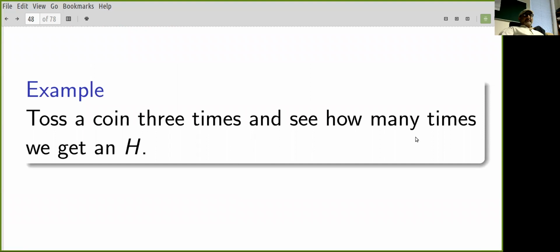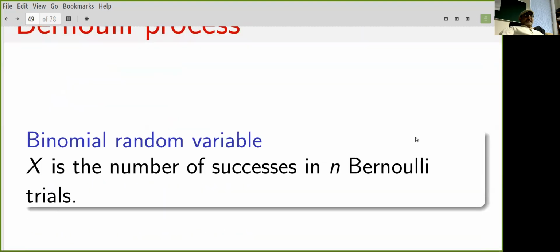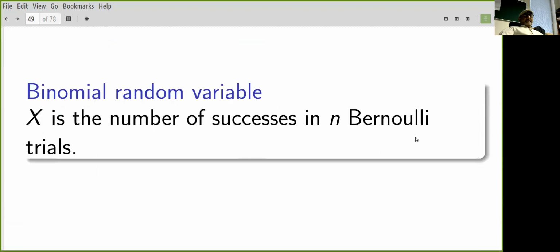For example, you toss a coin 3 times and see how many times you get an H. You might think of H as success and T as failure. X is the number of successes, and the binomial random variable is the number of successes in n Bernoulli trials.